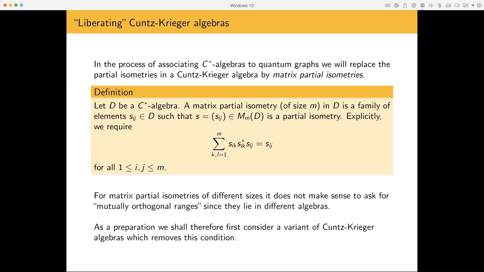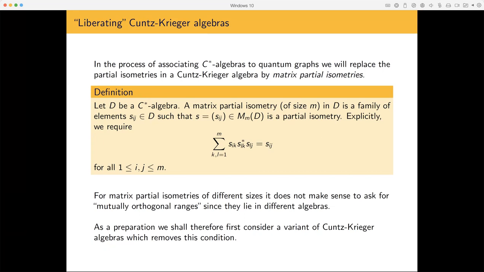So it's not clear how you would even compare. So the way out here is to forget about mutually orthogonal range projections.